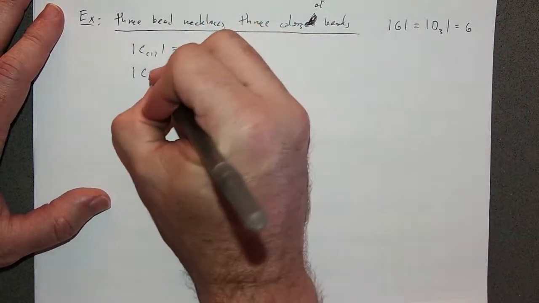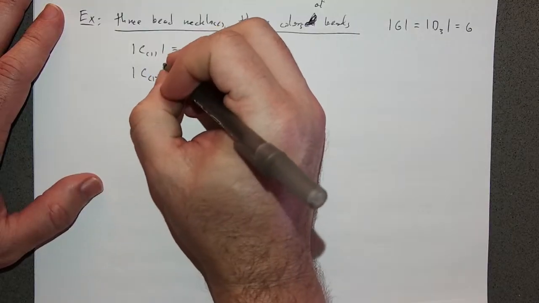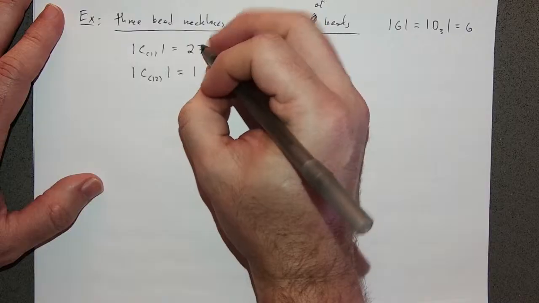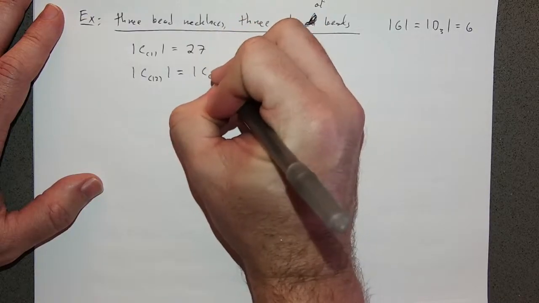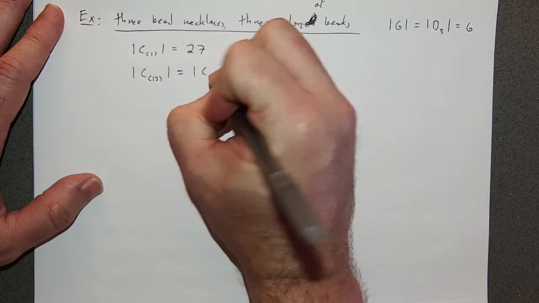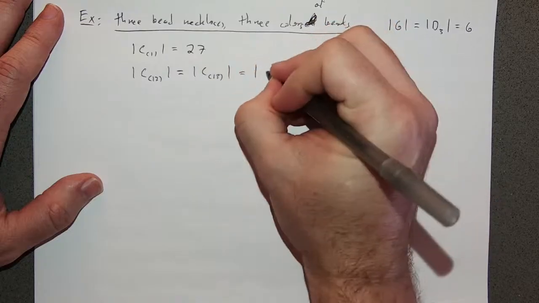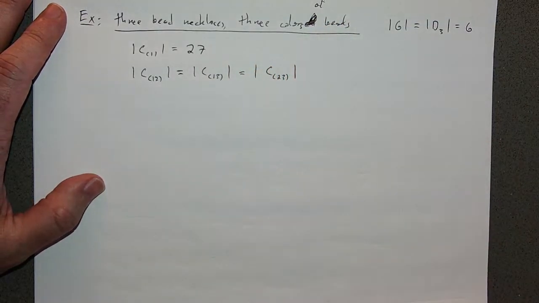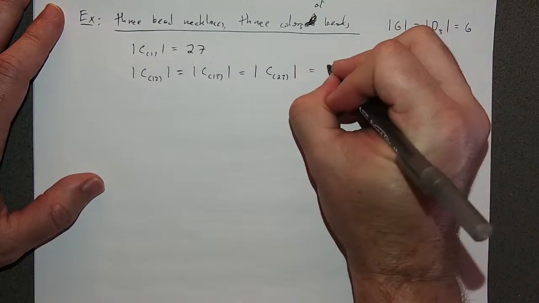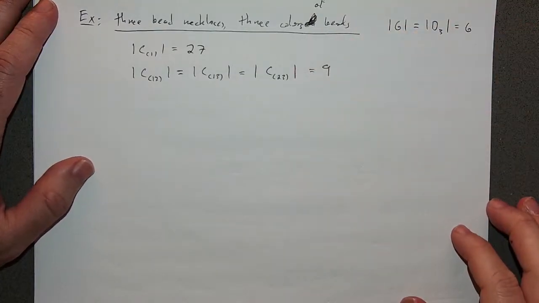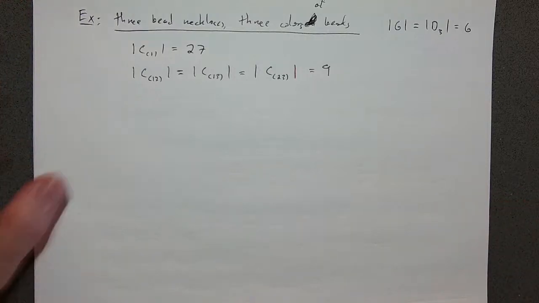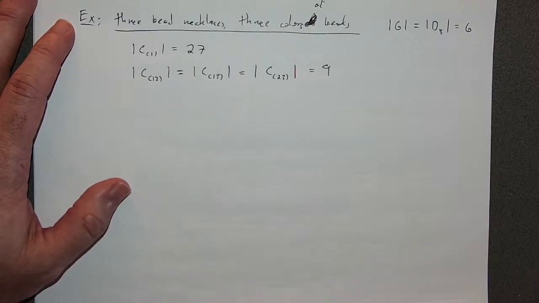So for these transpositions, 1, 2, and 1, 3, and 2, 3, that's all of my transpositions here. There's 9 colorings that are fixed by those things.